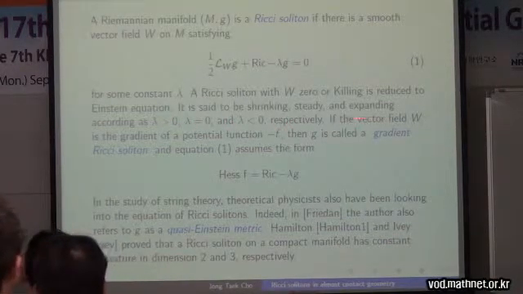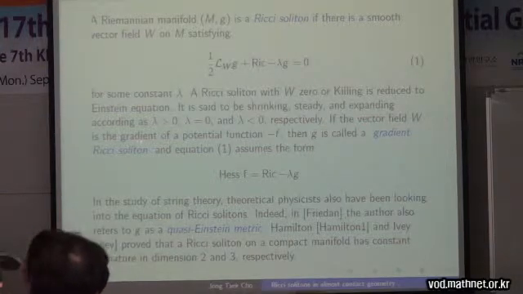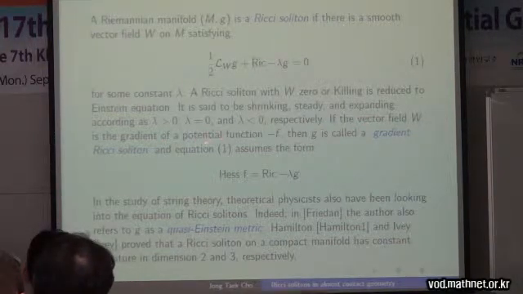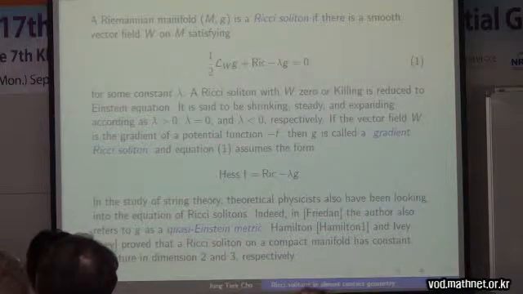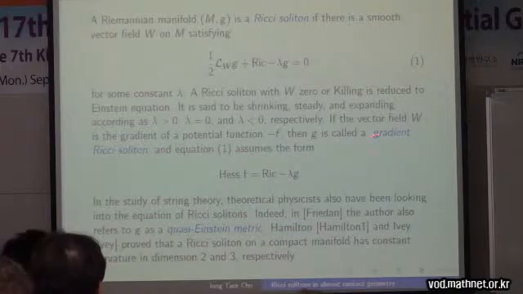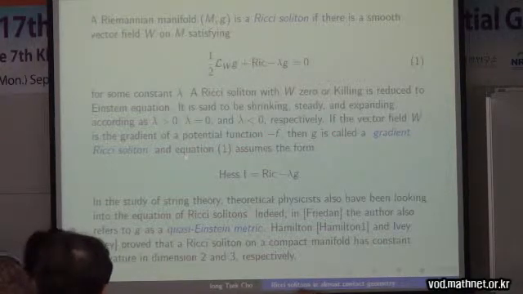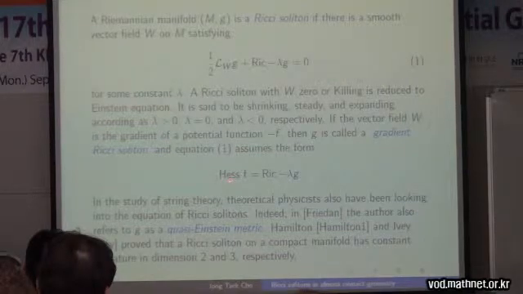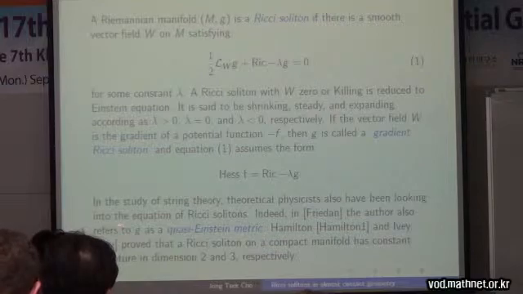If the vector field W is the gradient of some function, which we call the potential function minus phi (here the minus sign is just conventional, not an essential part), then g is called a gradient Ricci soliton, and equation 1 assumes this form: the Hessian of f is Ricci minus lambda g.